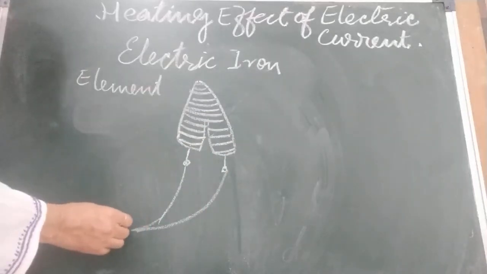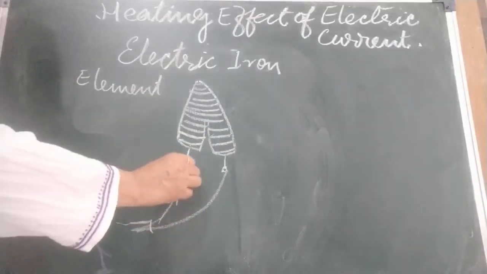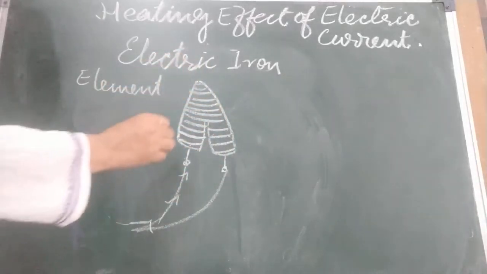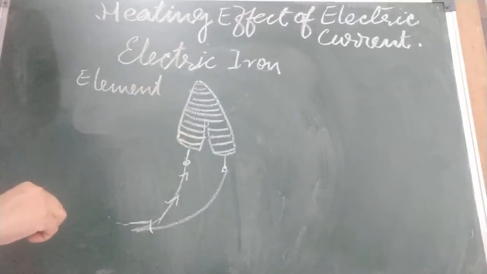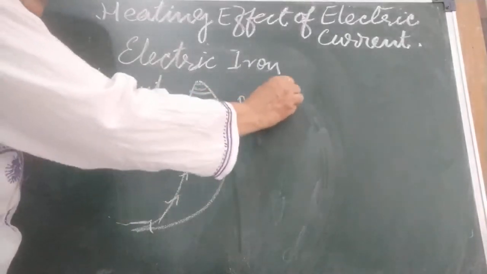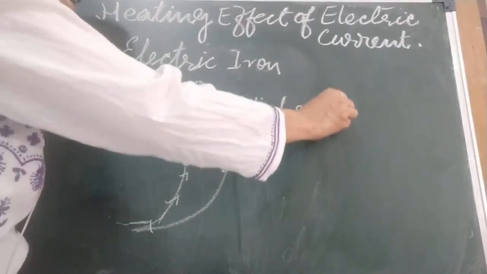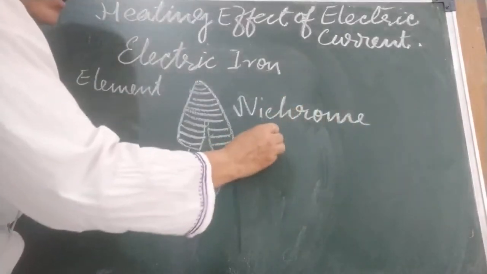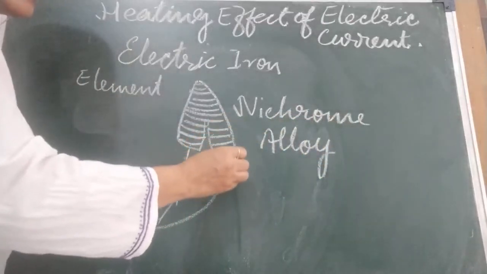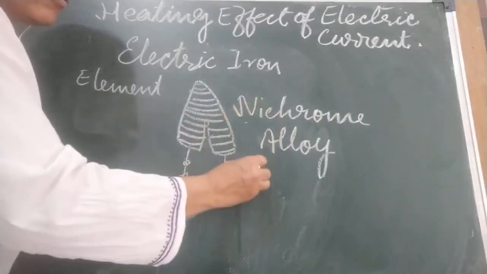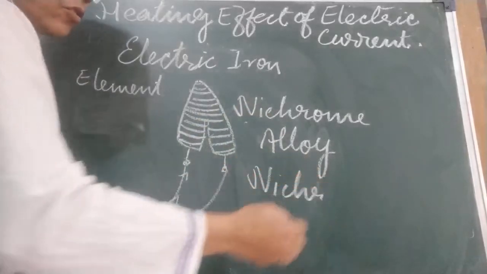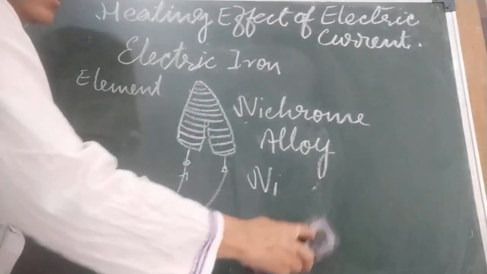When electric current passes, it goes through this wire. And children, the specialty of this wire is it is made of nichrome. Nichrome is an alloy. What is the meaning of alloy? It means this wire is made up of two metals, nickel and chromium.